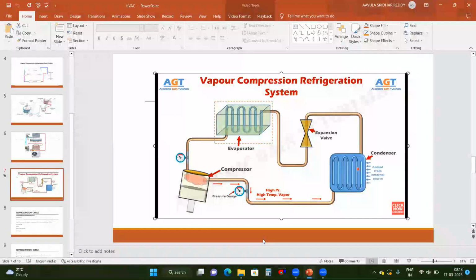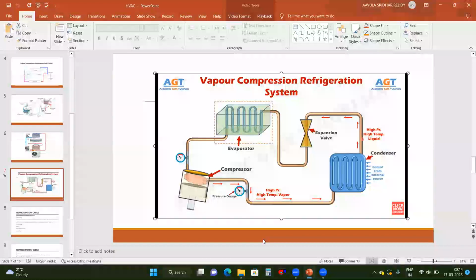So we will see what the state is after it is cooled from an external source, which is nothing but the fan we are using to reject the heat. After the condenser, you can see it is high pressure, high temperature, but the state is liquid.